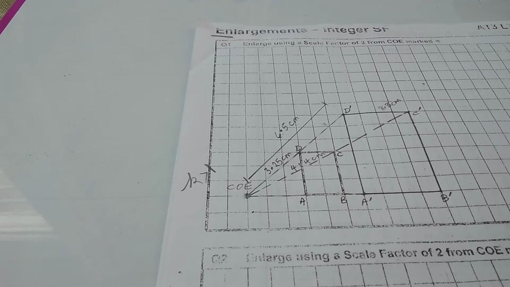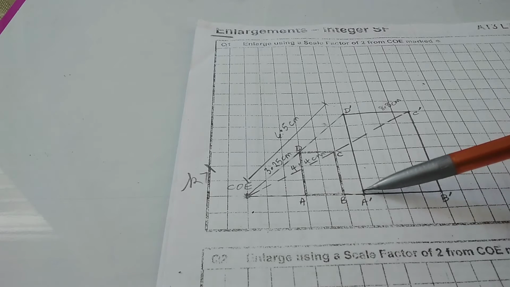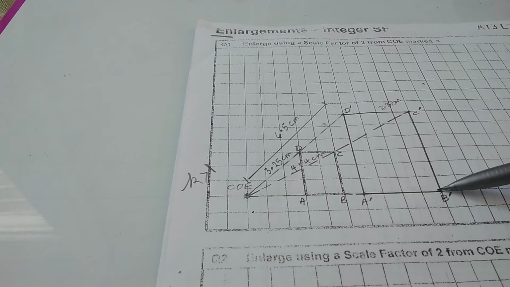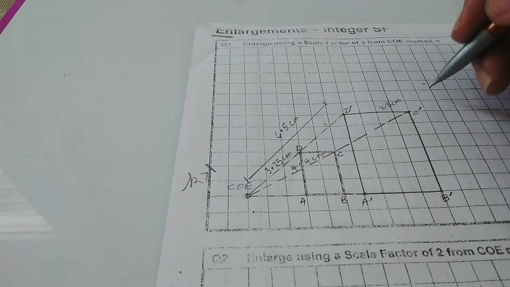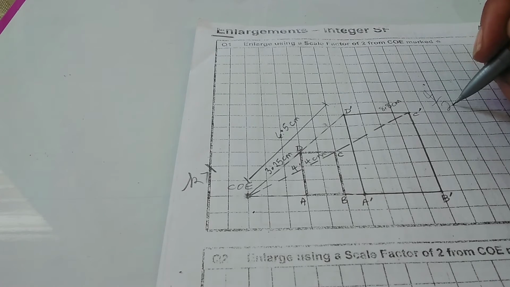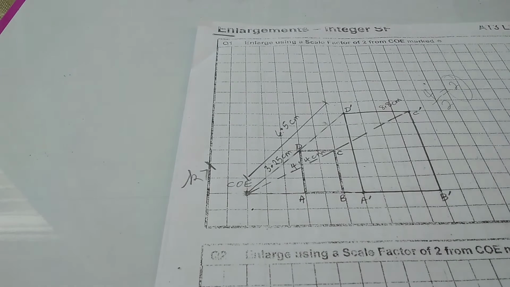Also, if we were given both of them and want to find the scale factor, you put the length of the image divided by the length of the object. You choose one side, and the image side is 4. 4 over 2, written as a fraction, gives you 2. So the scale factor would be 2.